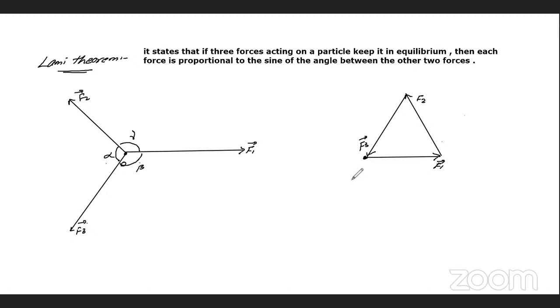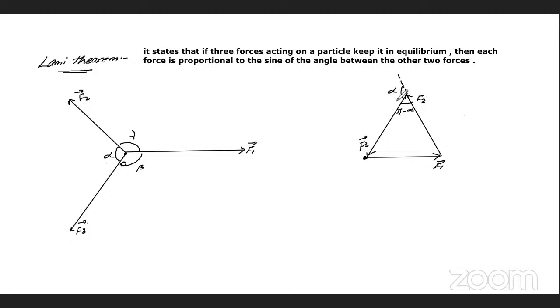Earlier we have seen that F2 and F3 make an angle of alpha. So F2 vector and F3 vector make an angle of alpha. This is your angle alpha. The total angle on the straight line is 180 degrees, but when we discuss F2 and F3, the inner angle is the balance angle, that is pi minus alpha, because the total is 180 degrees.